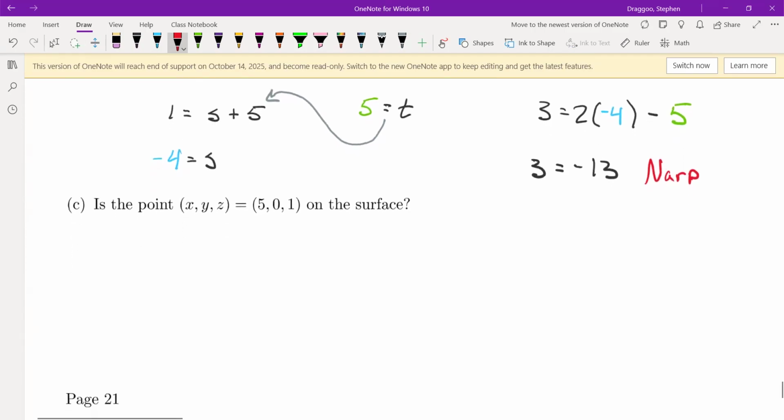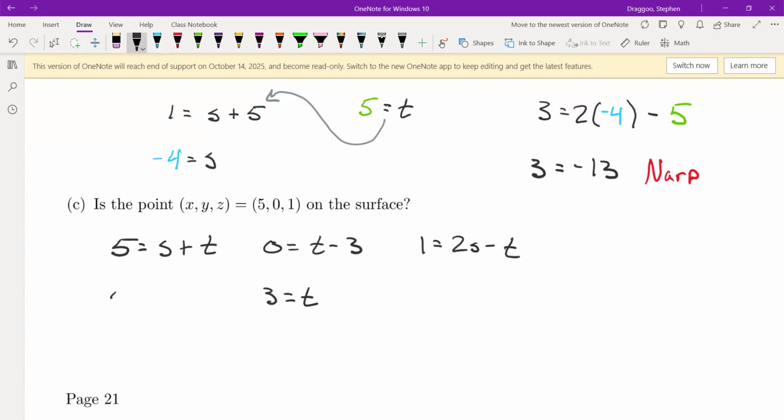If I were to try that again with a slightly different point, 5, 0, 1, the setup is very much the same. 5 equals s plus t, 0 equals t minus 3, 1 equals 2s minus t. So 3 is t, meaning that 5 is s plus 3, or 2 equals s.